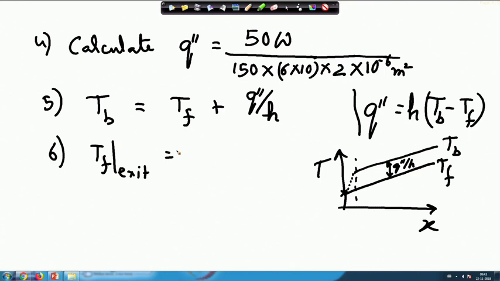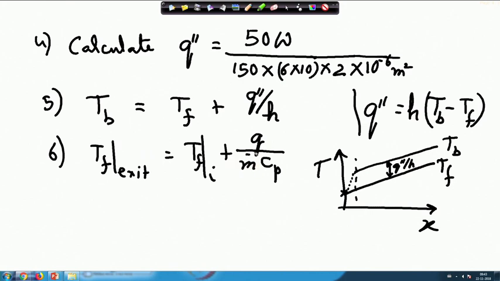This is easy, because T f exit is going to be T f at inlet plus total Q, which is 50 watts, divided by the mass flow rate times the specific heat. Okay.